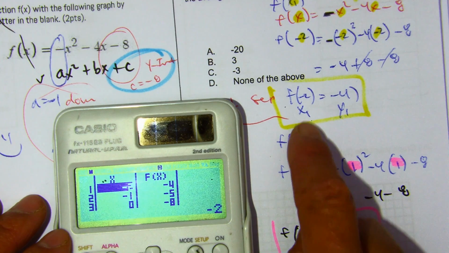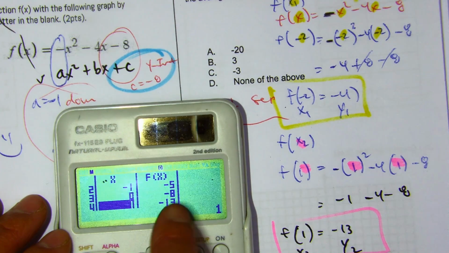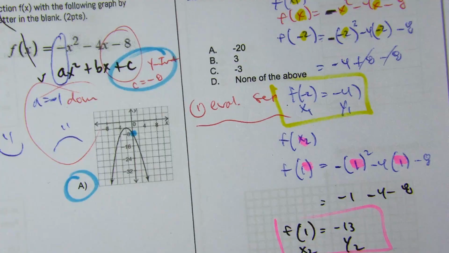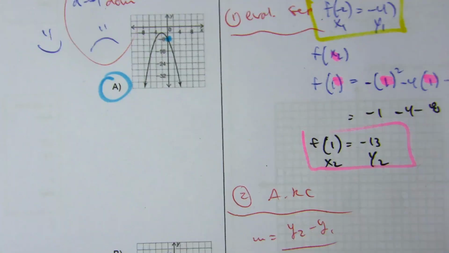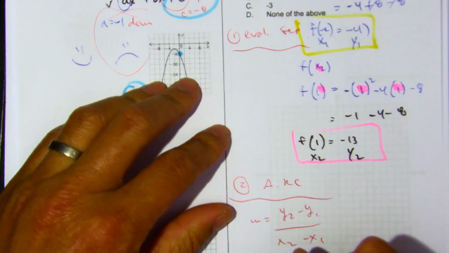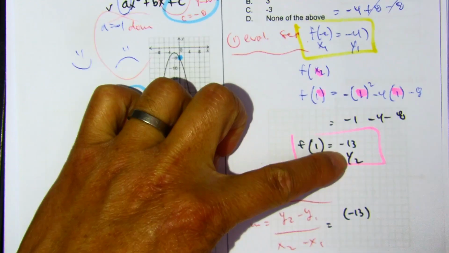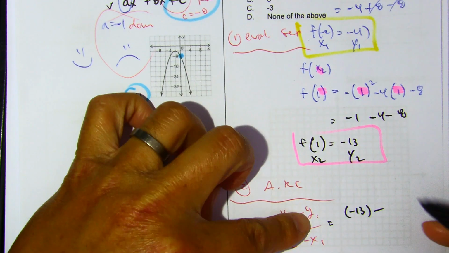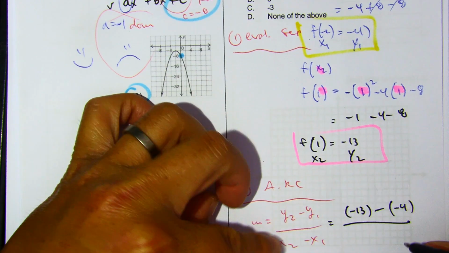Okay, let's go ahead and put those into my formula now. Y2 is negative 13, use parentheses, minus Y1, just negative 4, over X2 is 1, minus my X1 value, which is negative 2.